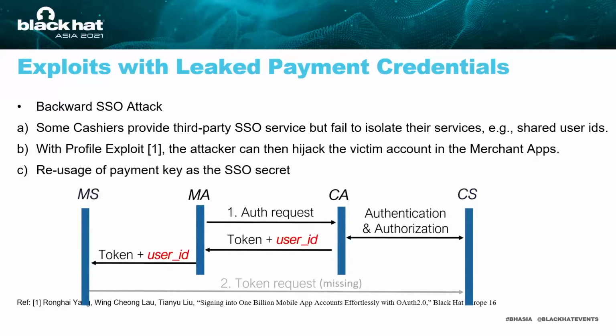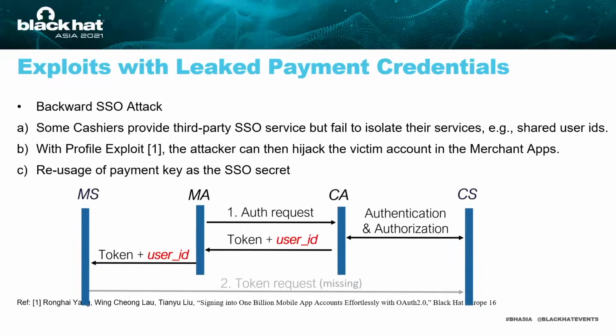Although the cashiers usually set the user ID to be private, the attacker can use the leaked payment credential to launch the enumeration attack and get the user IDs of all paying users from the related transaction records. Consequently, the attacker can hijack the original accounts of victim users in the merchant apps.